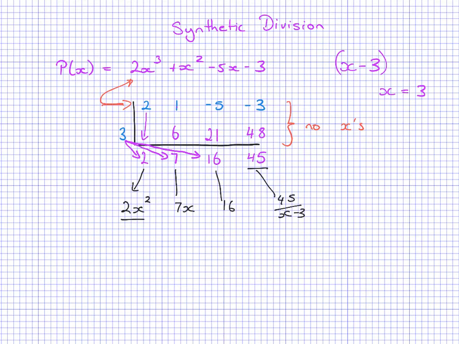So the result of dividing the initial polynomial of 2x cubed plus x squared minus 5x minus 3 divided by x minus 3 equals 2x squared plus 7x plus 16 plus 45 over x minus 3. So that will be the result of our division.